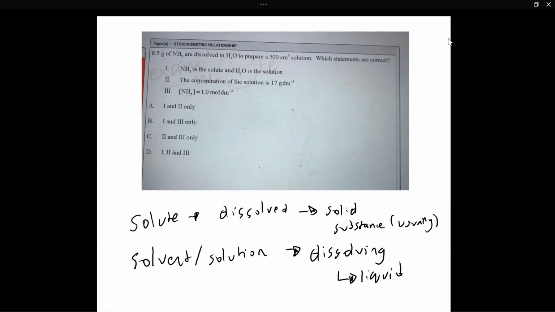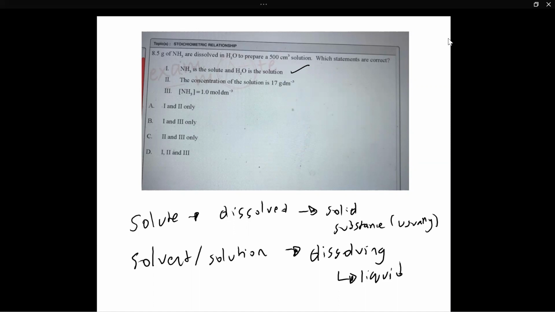In fact, almost all of the time it is a liquid, like when you dissolve something in water or in oil. So these are the solvents. And the solute is the substance that you dissolve in the liquid, or the solvent. So yes, we can agree with statement one. Statement one is completely correct. NH3 is the solute, and sorry, H2O is the solution.